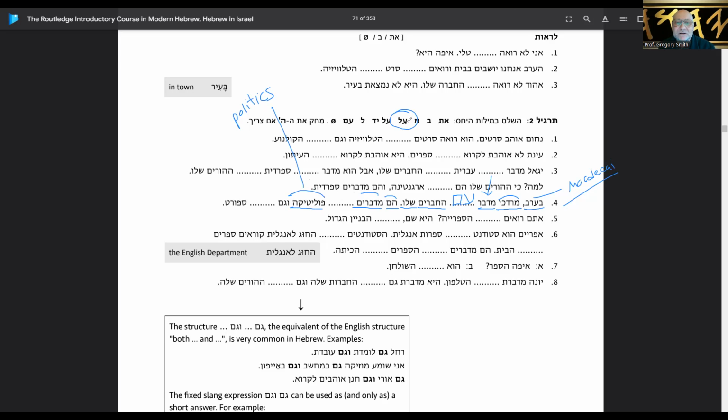Al politics. About politics, Vigum, and also blank Sephoret. I think that's Sephoret. I wonder if that's Sephoret.